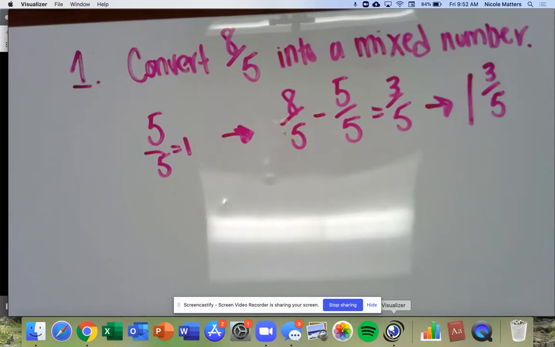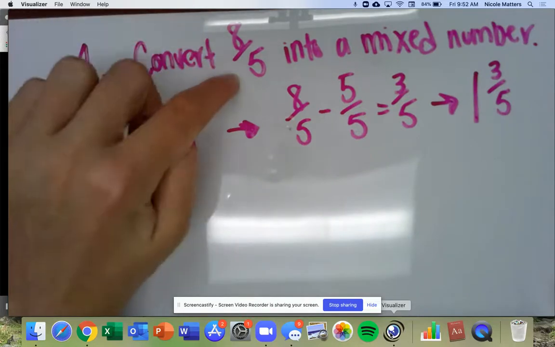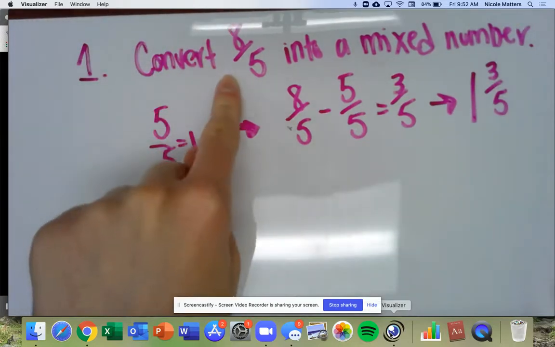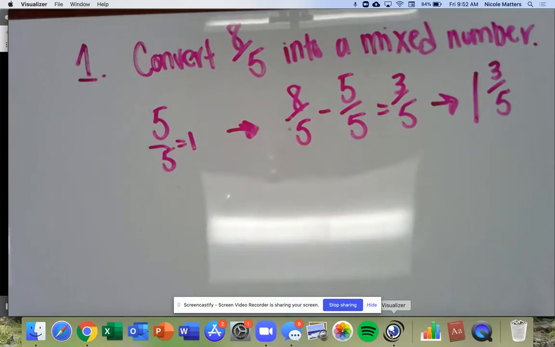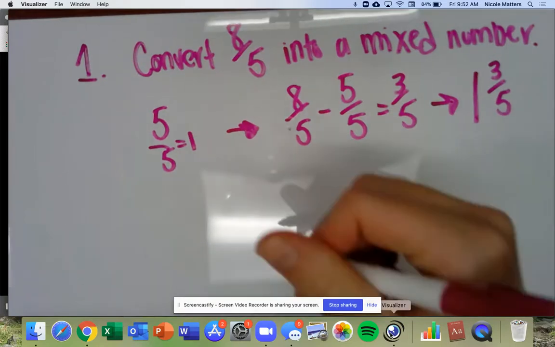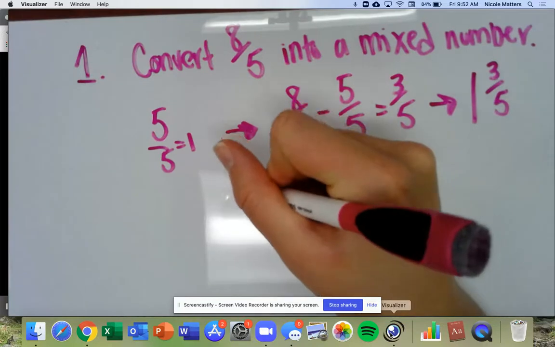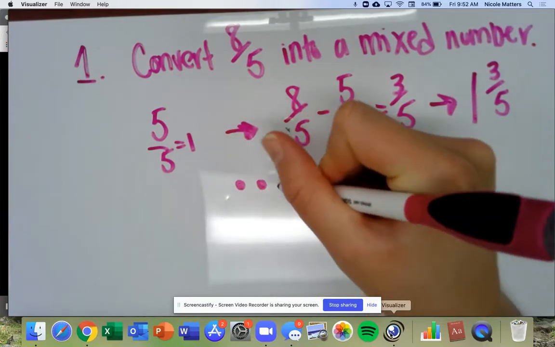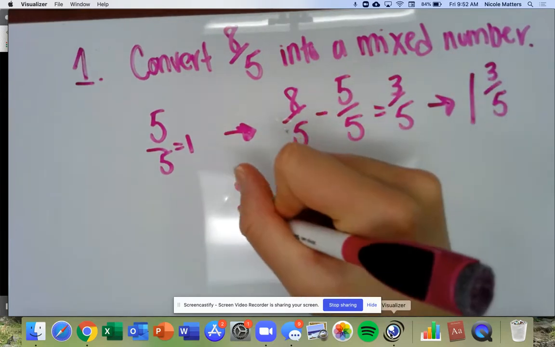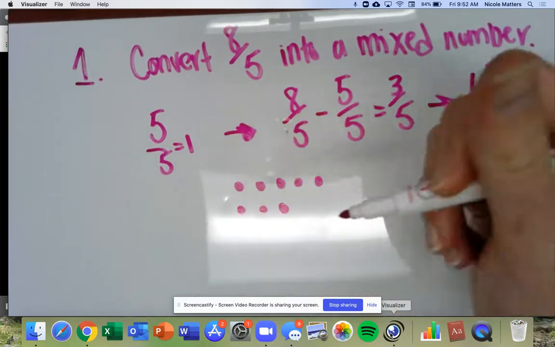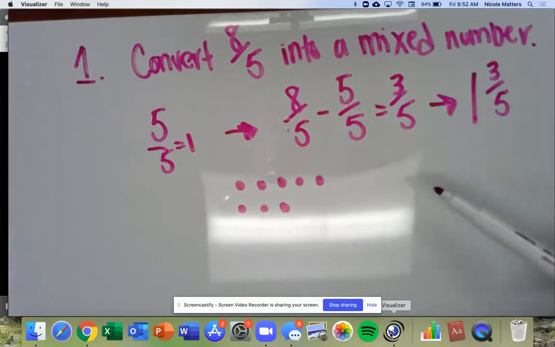So again, you want to figure out what whole number the improper fraction is closest to, and then subtract it. You can also draw a picture. So let's say I know that I have 1, 2, 3, 4, 5, 6, 7, 8. All right, so I got to see how many groups of 5 I can take out of here.